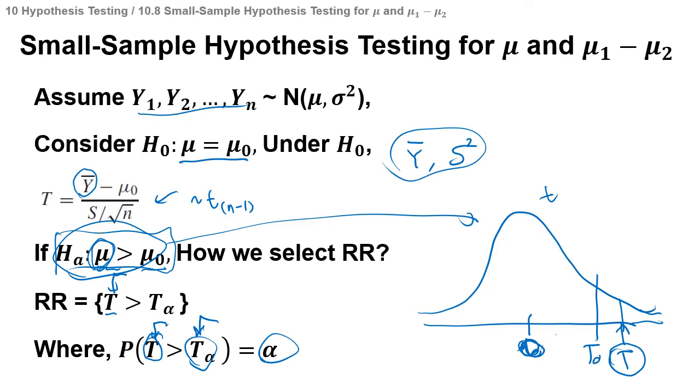This is t alpha, and the area here is alpha. If the test statistic t that we calculated is greater than t alpha, then we will reject the null hypothesis and accept the alternative hypothesis. That's the procedure we will do.